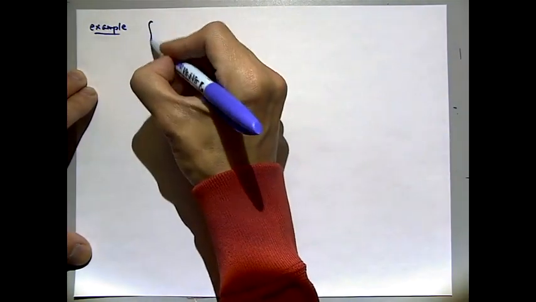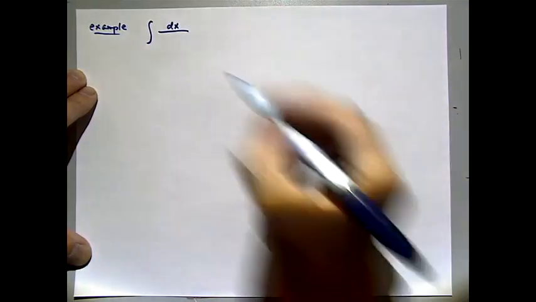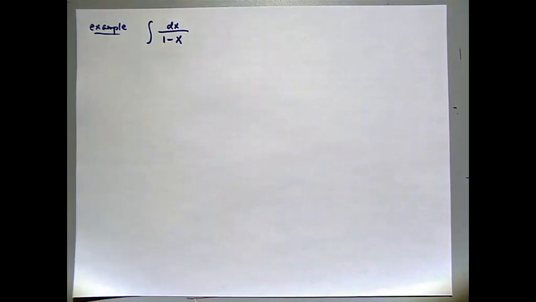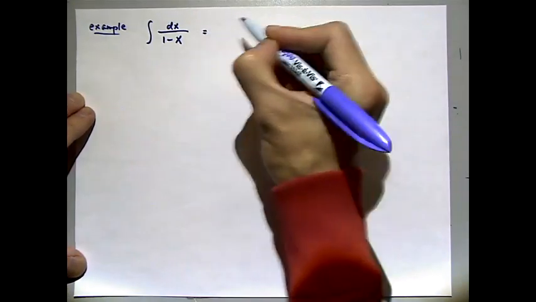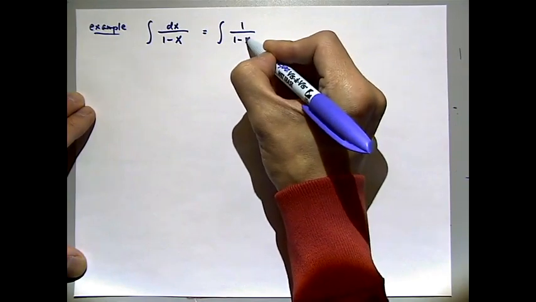Let's look at this one: dx over 1 minus x. This is just a little bit of a more compact way to write 1 over 1 minus x times dx.